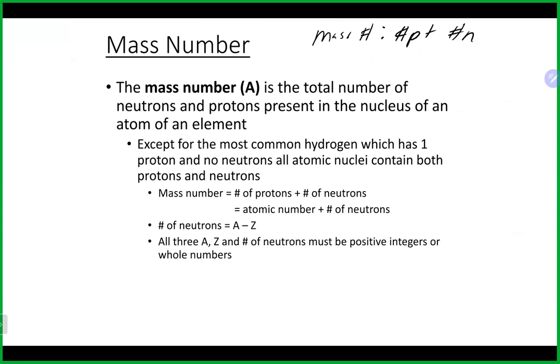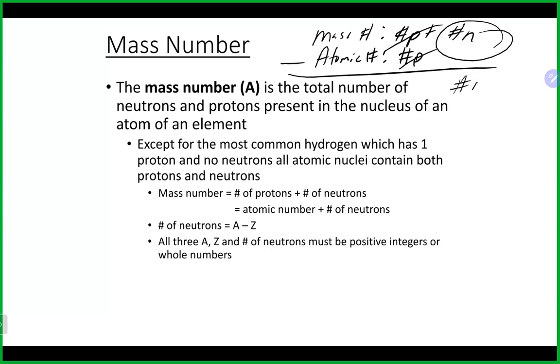Well, if you take the mass number and you take the atomic number we just talked about, which is the number of protons, and you subtract them, protons go away, leaves you the number of neutrons. So if you subtract the atomic number from the mass number, that will tell you how many neutrons you have, basically.